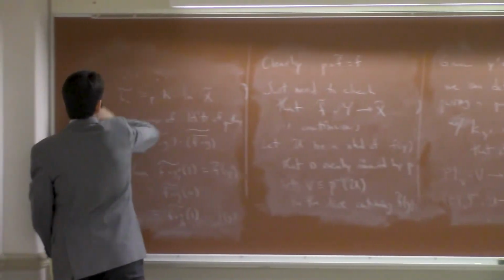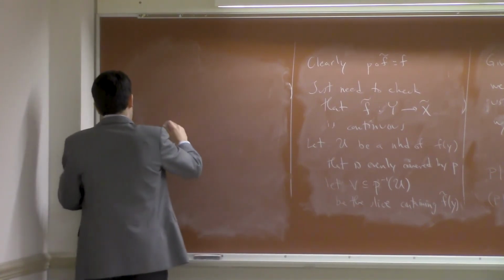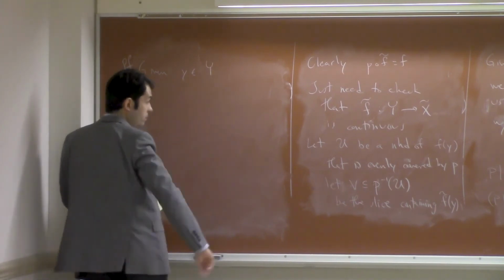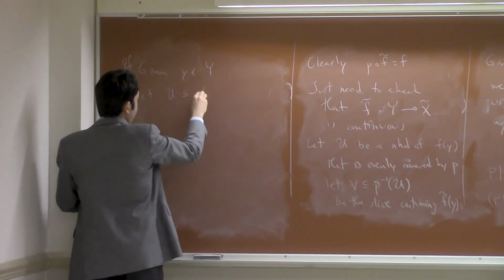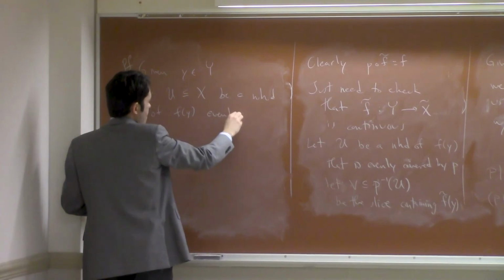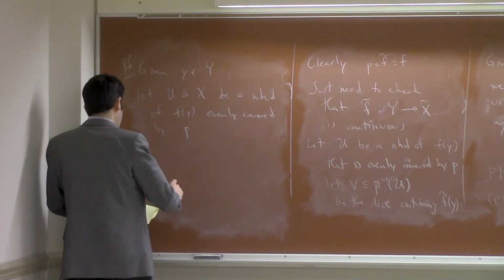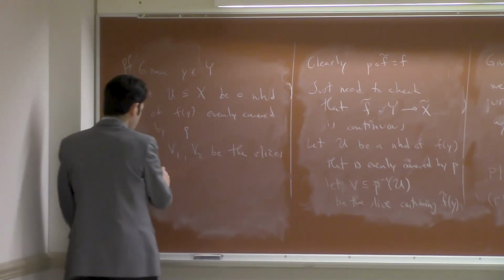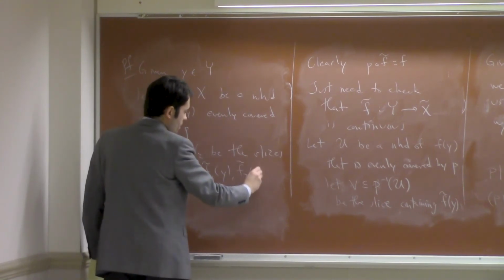Okay. So this, of course, is easy. So let's say you look at a point in Y, and let U in X be a neighborhood of f of y that is evenly covered by P. So let V1, V2 be the slices containing F1 tilde of y, F2 tilde of y, respectively.